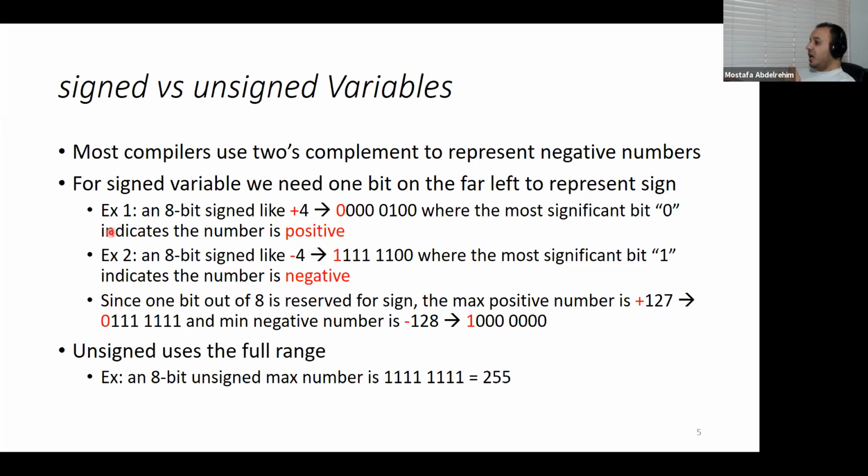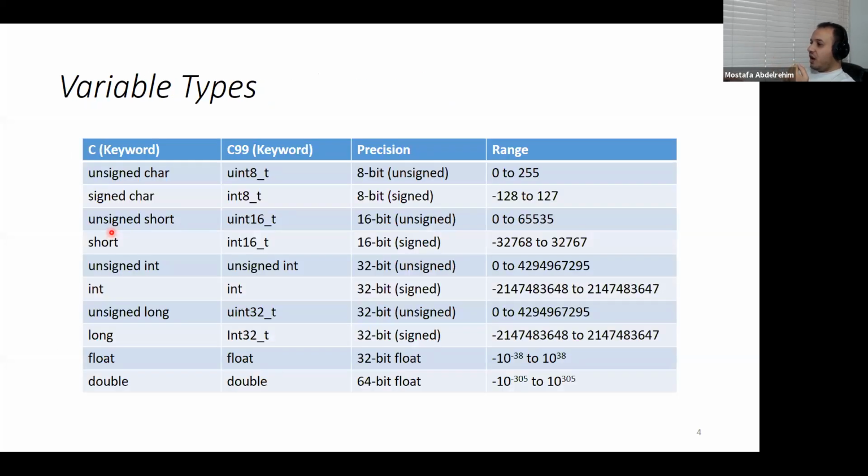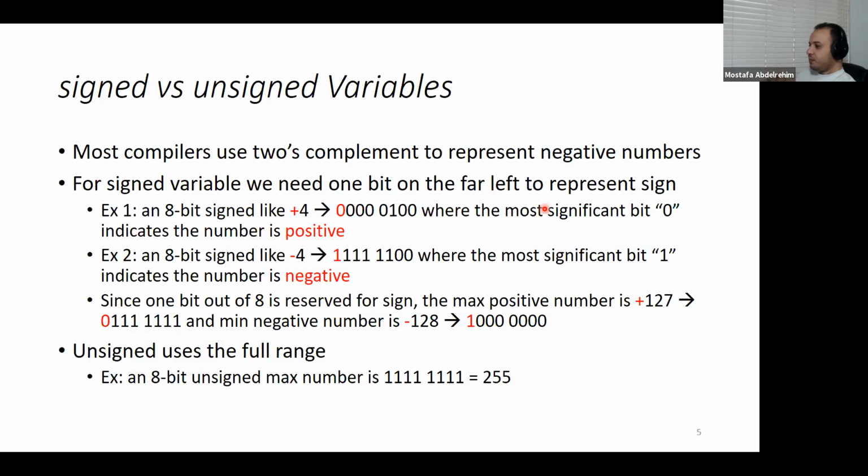You noticed, guys, that if you have an unsigned number, you have the range from 0 to 255, but now it's minus 128 to 127. So let's see how exactly this is happening. For signed binary numbers, we need the last bit, bit number 8 for example here, to define the sign of the variable, either positive or negative.